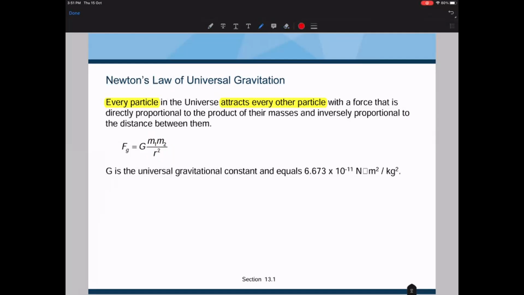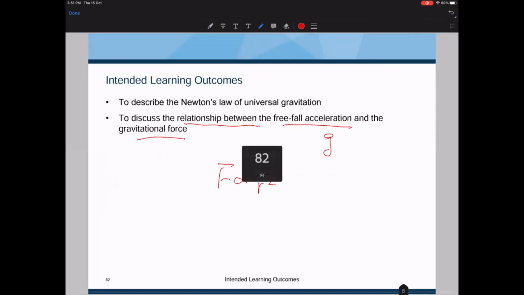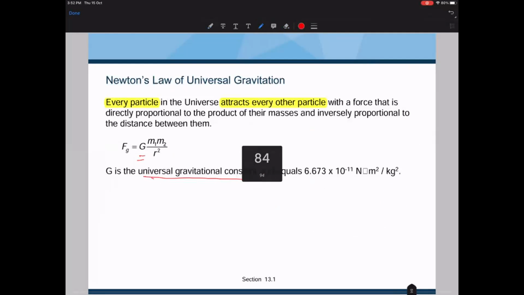G here is the proportionality constant, and that is called the universal gravitational constant, with a specific value that, once again, I would not encourage you to remember. In any case, if it is needed, it will be given in the test or in the examination.